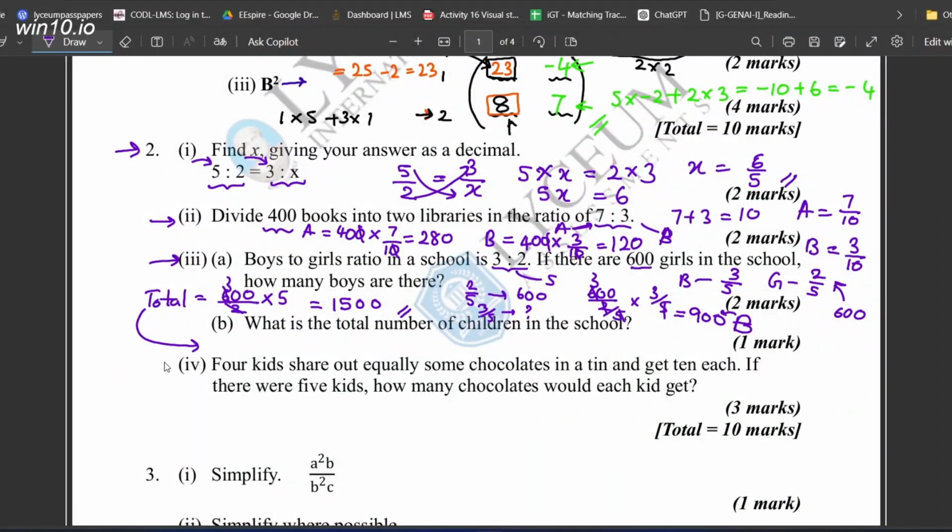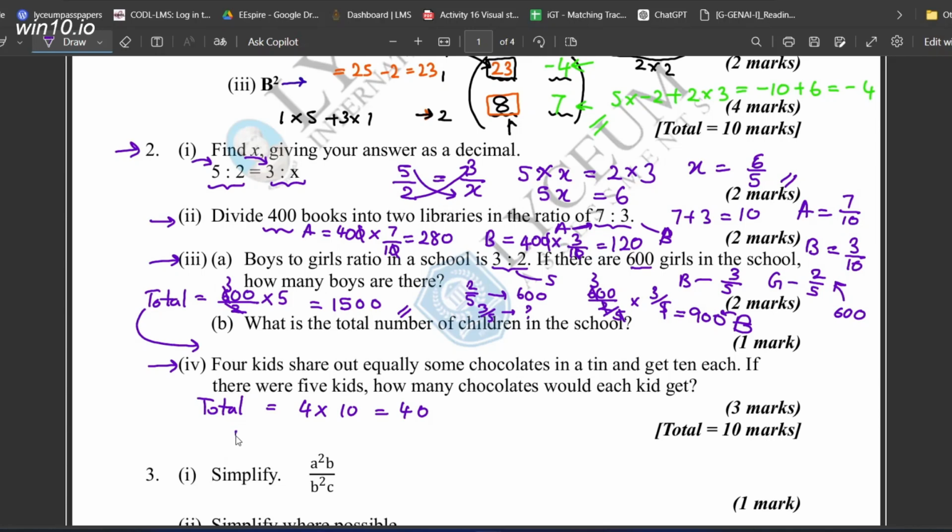Okay, now the fourth question. Four kids share out equally some chocolates in a tin and get 10 each. Four kids. If there were five kids, how many chocolates would each kid get? Okay, total of the chocolate, what is the amount? 4 times 10. So 40 chocolates are there. So if there were five kids, how many chocolates would each kid get?